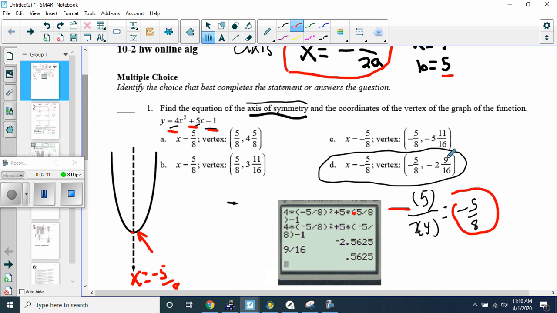So what I did was I did 9 divided by 16, and I got 0.5625, and that's the correct answer. And obviously the 2 is just out front. So my vertex here is the point, the x point, negative 5/8, comma, negative 2 and 9/16. And that's an ordered pair. So the vertex is an ordered pair, the axis of symmetry is a line.